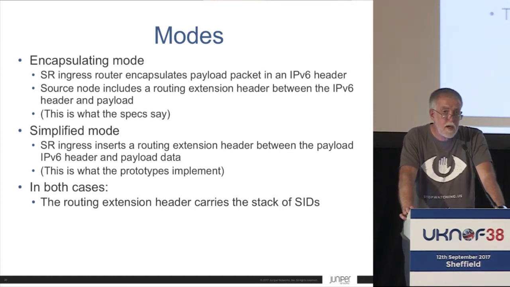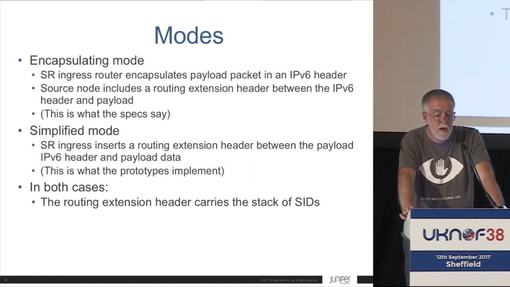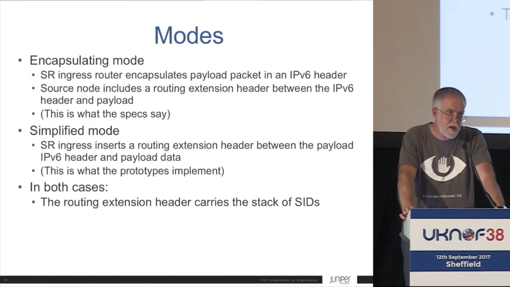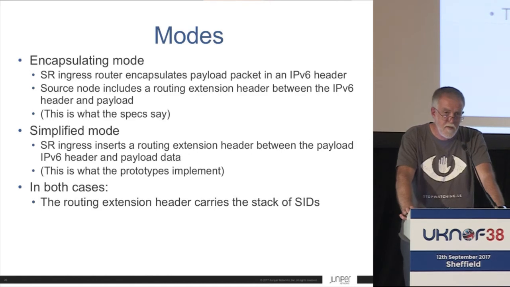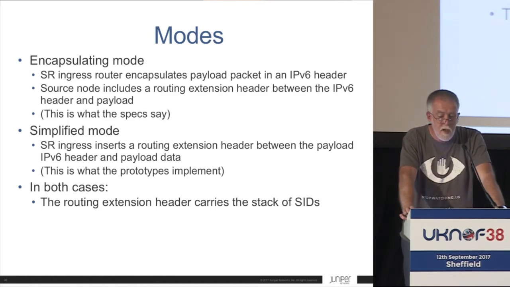Amusingly, all the standards work at the moment strongly advises on using the encapsulating mode, and all of the prototypes that the vendors have built so far do the simplified mode. Simplified, I guess, because it's simpler to implement, but it's really ugly to diagnose, in my opinion.